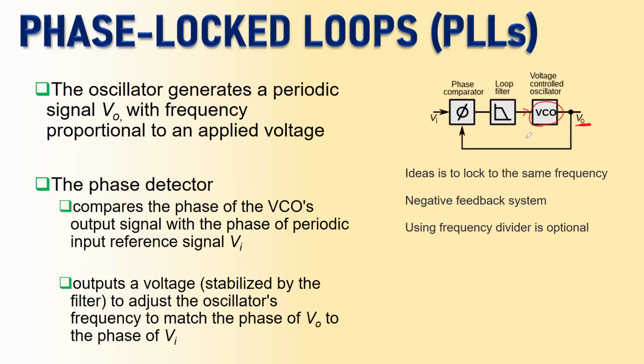So this output, filtered by the low pass filter, comes here, and it helps to adjust the oscillator frequency to match the phase of the input signal with the phase of the output signal. The idea here is to lock to the same frequency, so that the frequency of VI is equal to the frequency of VO. It is a negative feedback system, and using a frequency divider is optional if you want multiples of the signal frequency.